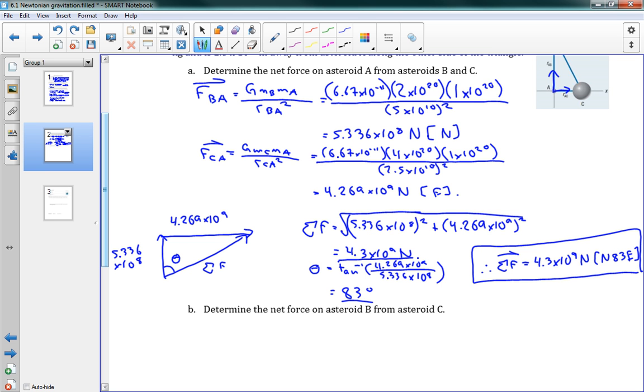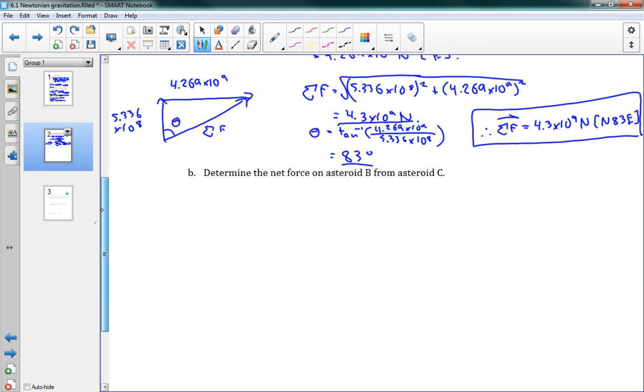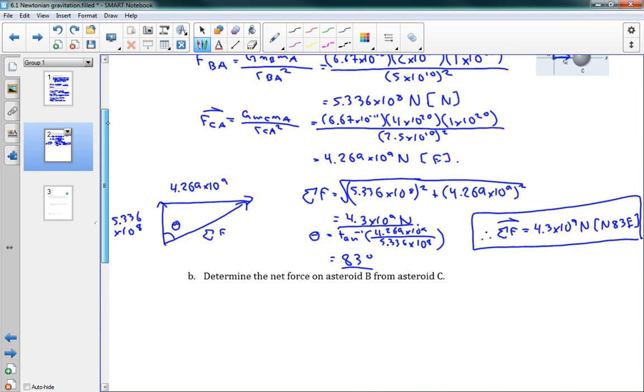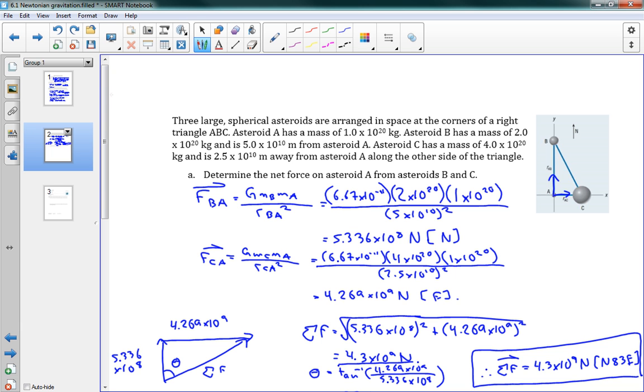So, let's see. The next one, part B here, determine the net force on asteroid B from asteroid C. Well, if we look at our picture, you can see that C is going to be pulling it in this direction. So we would do the same process here. We would need to find the distance, this distance here.